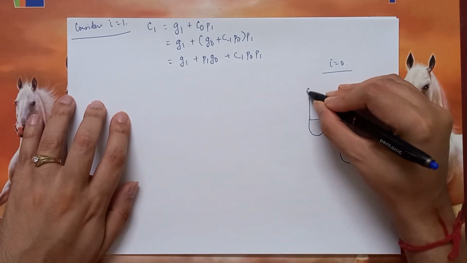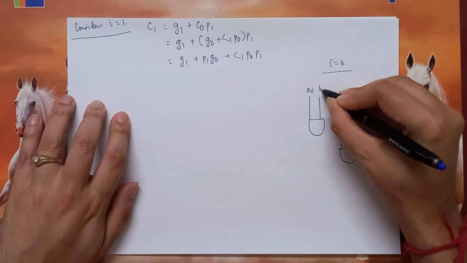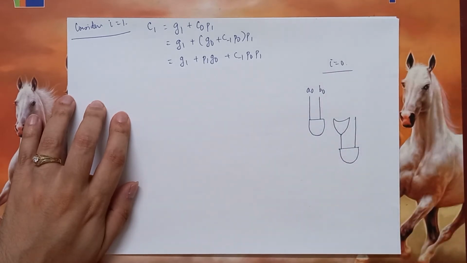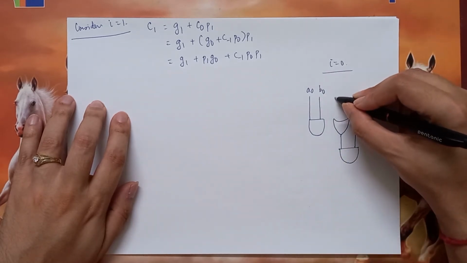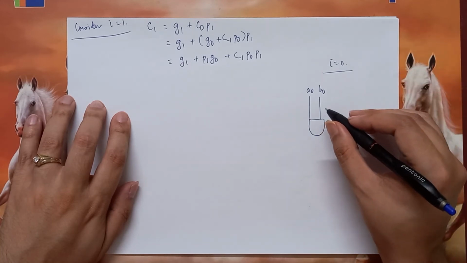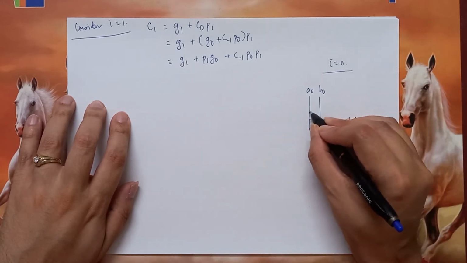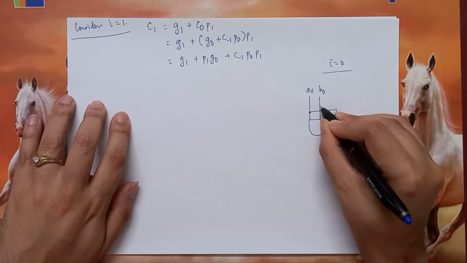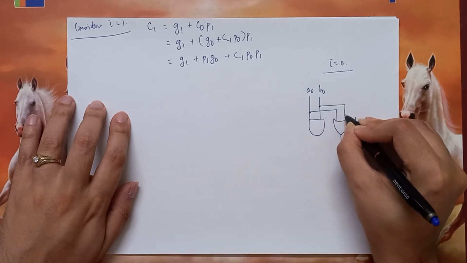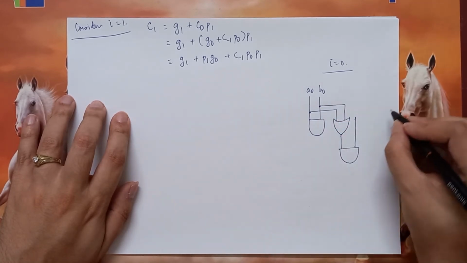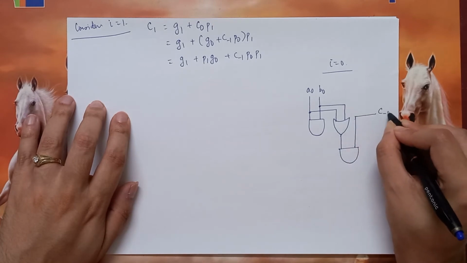Here we have A0, B0, and here also again A0 and B0, and we have a C minus 1 from the side.